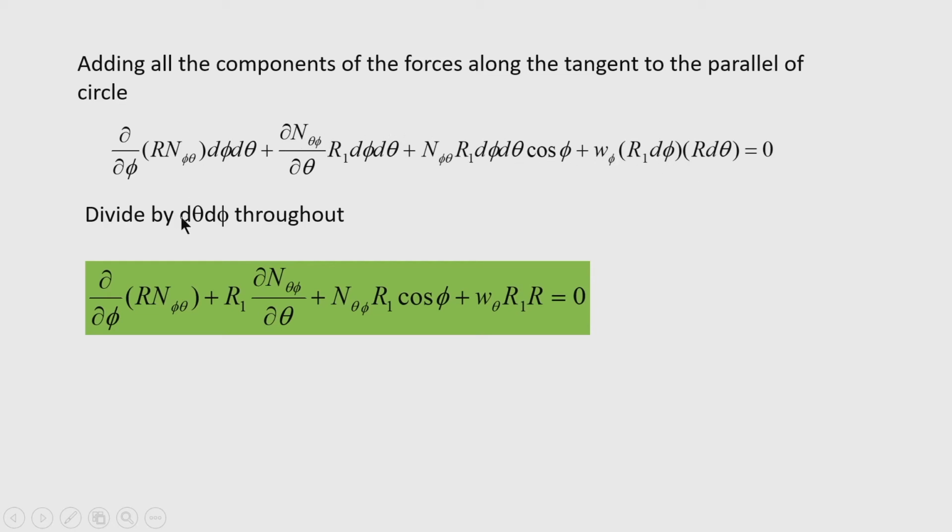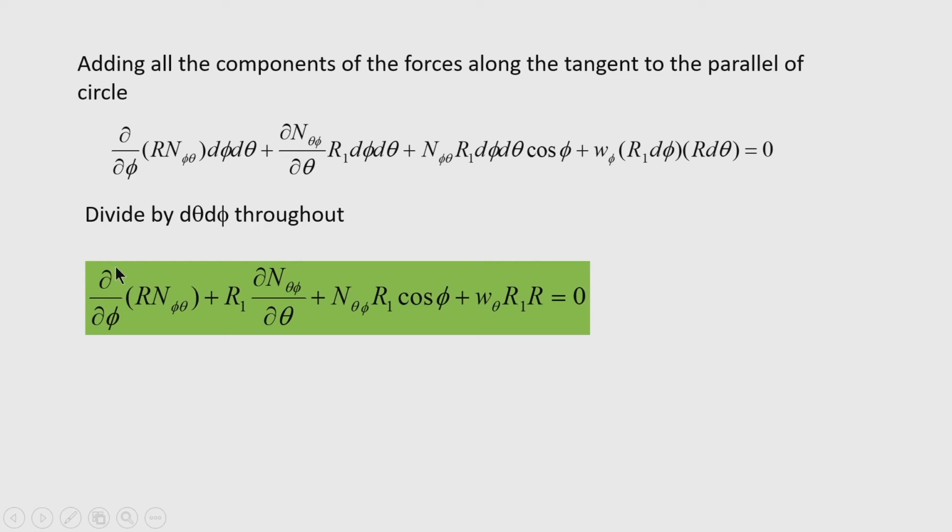Dividing throughout by d theta d phi, we ultimately arrive at this equation: del by del phi of r into n phi theta. So, r into n phi theta is a term which is dependent on phi.